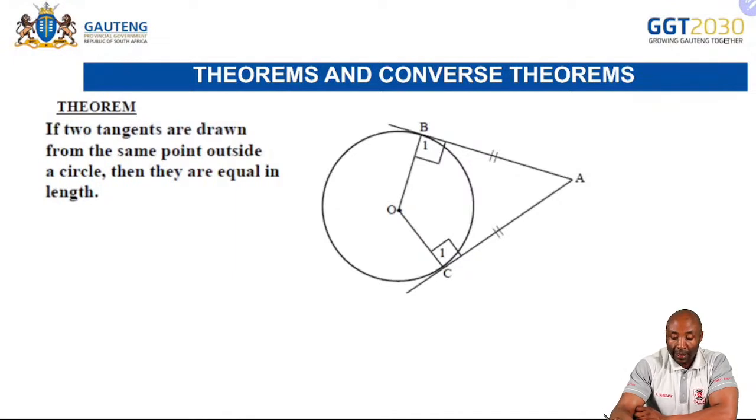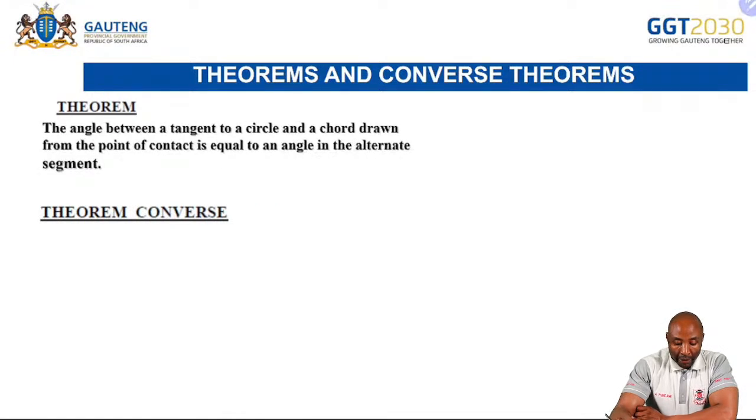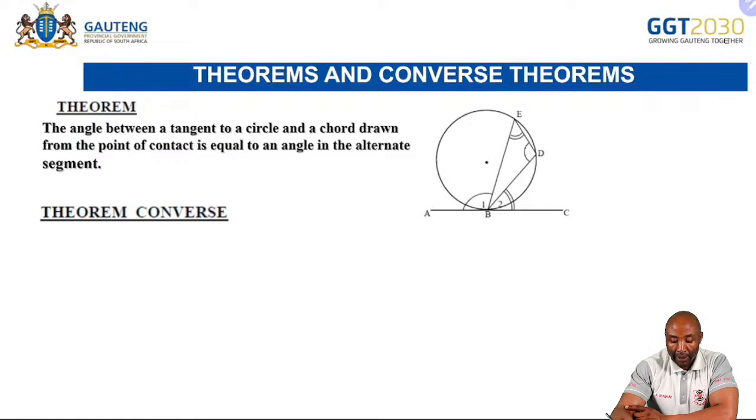It is four-sided. We move along. Then the angle between a tangent to a circle and a chord drawn from the point of contact is equal to the angle in the alternate segment.